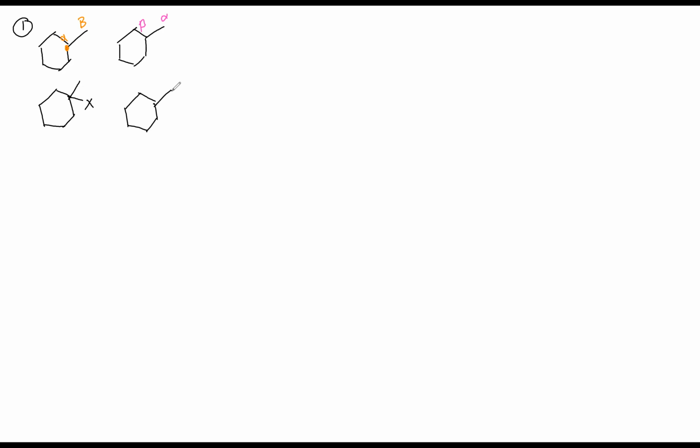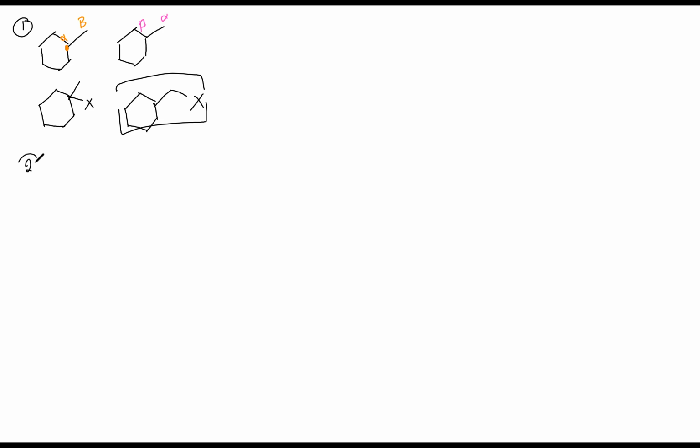And this one has an X group right here. What's important to note is that this second one is the only one that would only make that product. If it was asking you what reactant will only make this product, then this would be the answer. But I asked which of the alkyl halides, or write me an alkyl halide that can make the product. So both these answers would be correct.